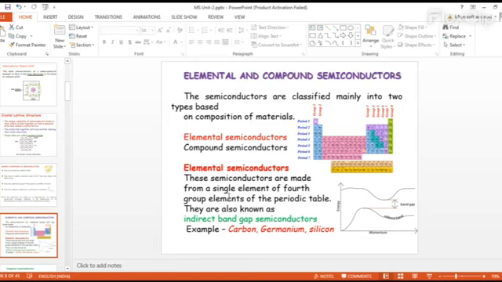They are also known as indirect band gap semiconductors. When you see this fourth group, carbon, silicon, germanium, they are the most commonly used elemental semiconductors. You can see their band gap structure.